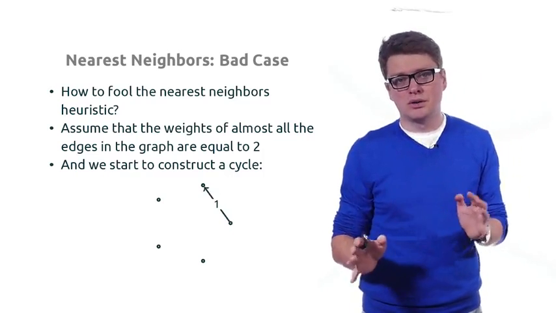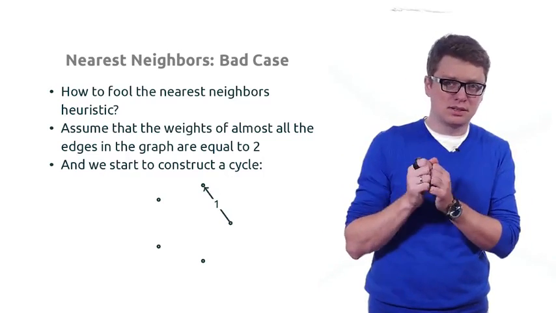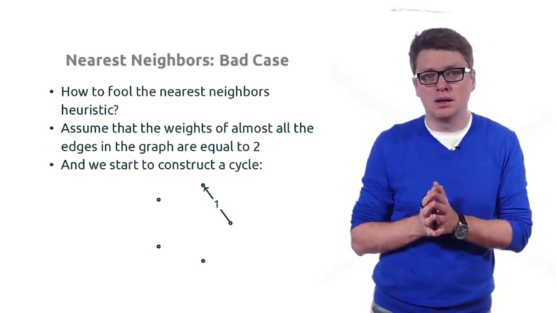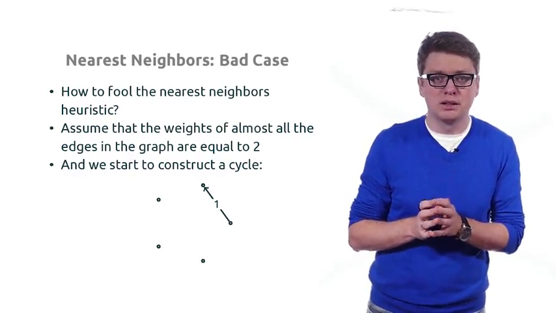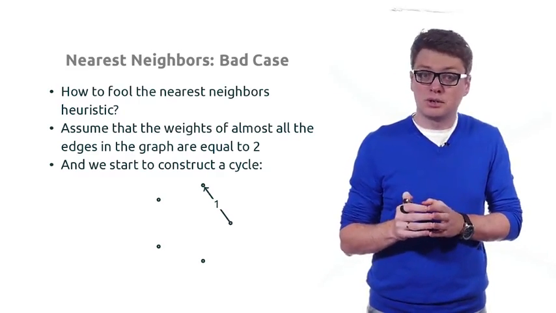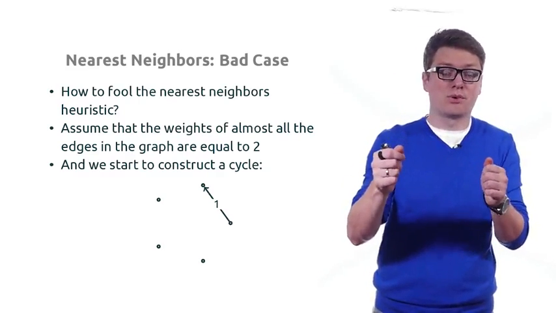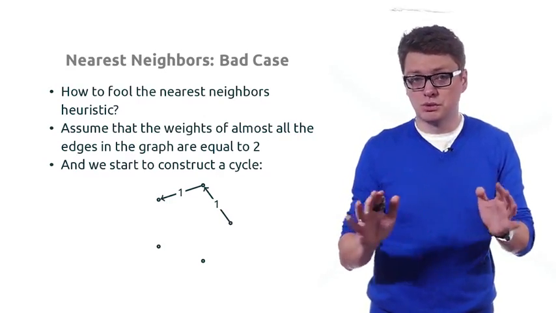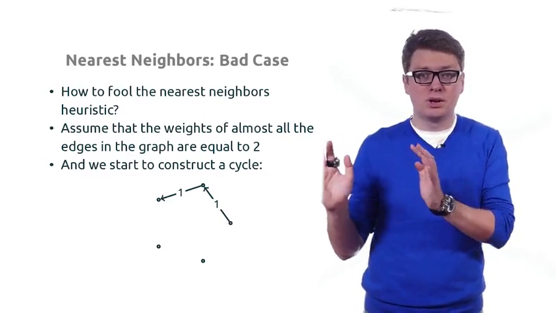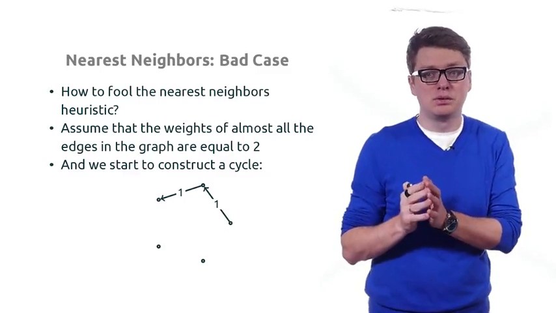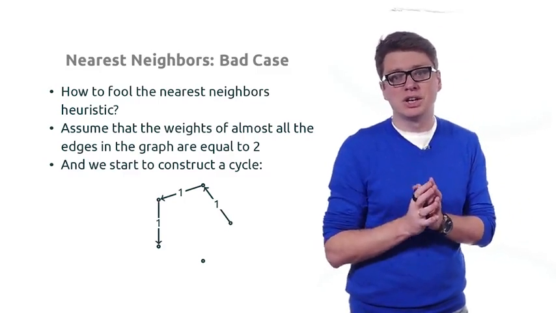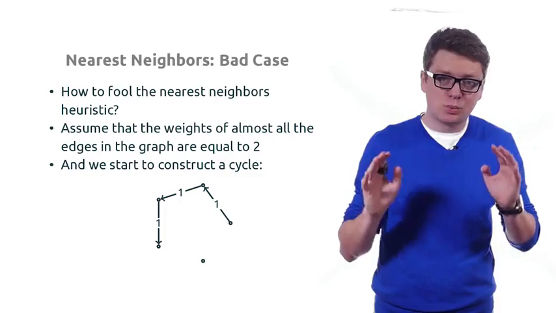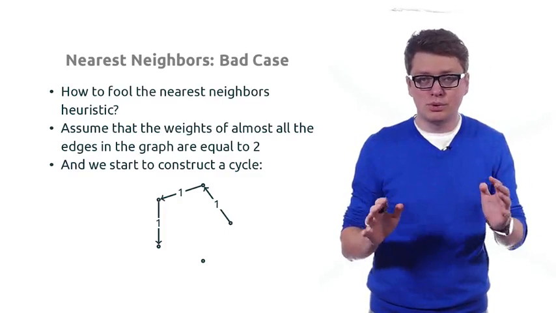So we start from some node and we start constructing our cycle. So we go to that vertex, and it turns out that from this node there is another edge whose weight is also 1, which is good for us, right? Because we know that almost all other edges have weight 2. Then we find another edge, but at this point we already have no choice.